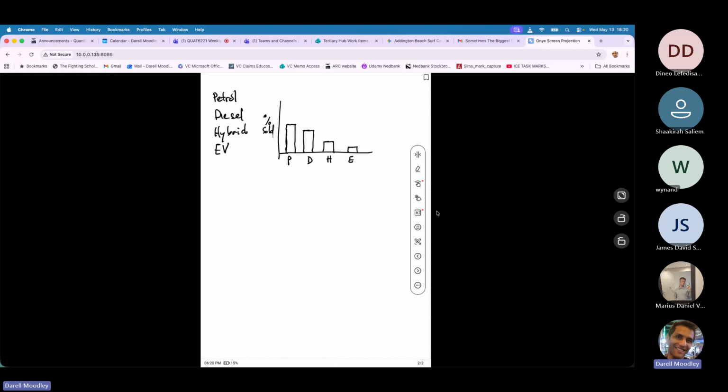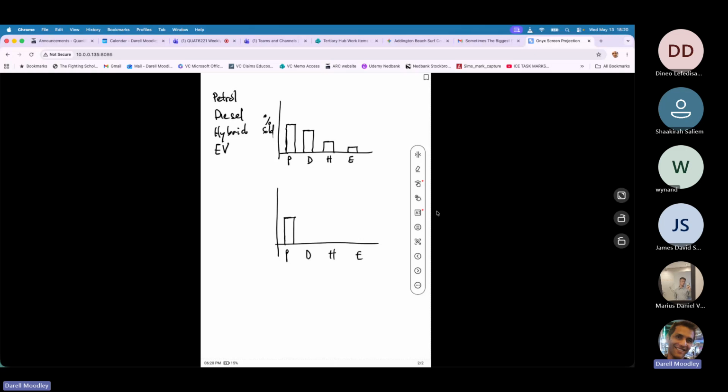Now let's fast forward 5 years. Things have changed. The distribution for these same types of vehicles now looks like this.